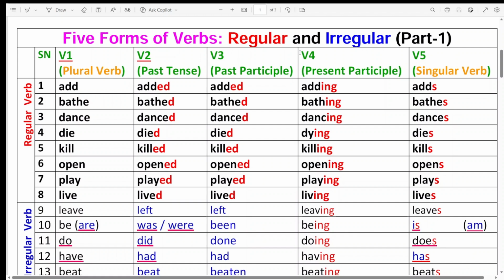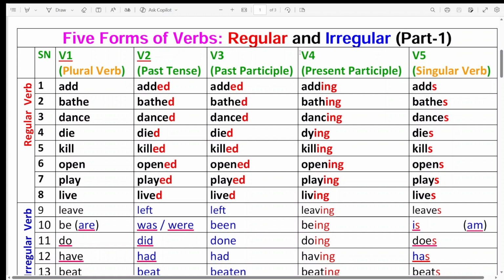And whether they are regular or irregular, in V4, they always end in ing, and V5 in what? S. And now you have no confusion at all that V1 is plural, whereas V5 is singular. Why?